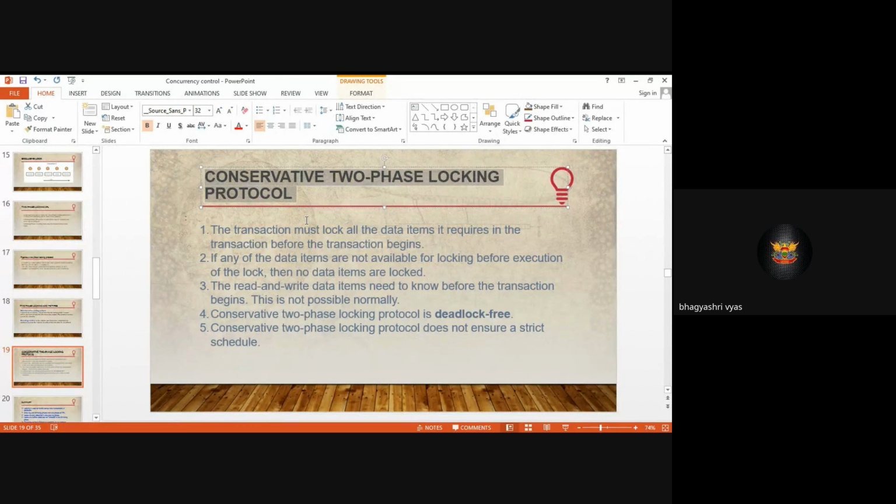See, if you are going to learn unit 4, these things are very important: the transaction part, conflict serializability, these protocols, all those mechanisms which we have covered during the lecture. Anyone from the class?